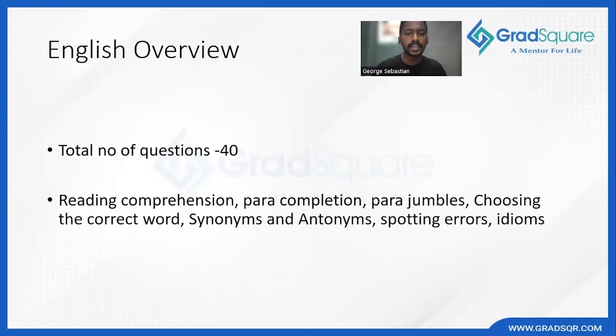If you take the case of the verbal aptitude paper in the NPAT examinations, you can see that we have a total of 40 questions. In those 40 questions, you can expect questions from areas such as reading comprehension, para completion, para jumbles, choosing the correct word, especially synonyms and antonyms, spotting errors, and also idioms and phrases, right?